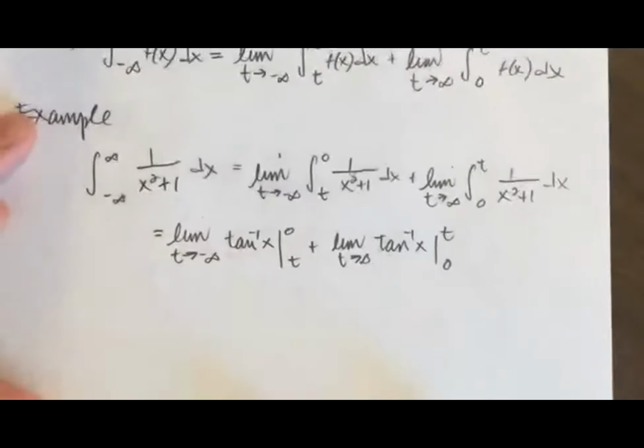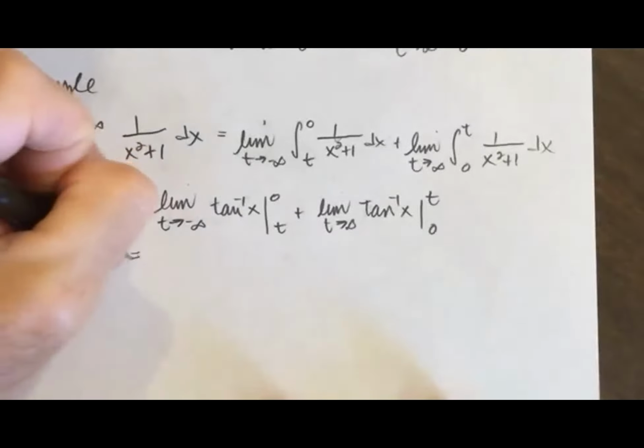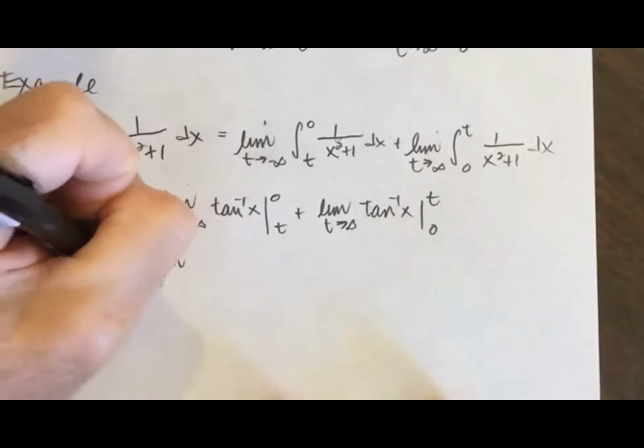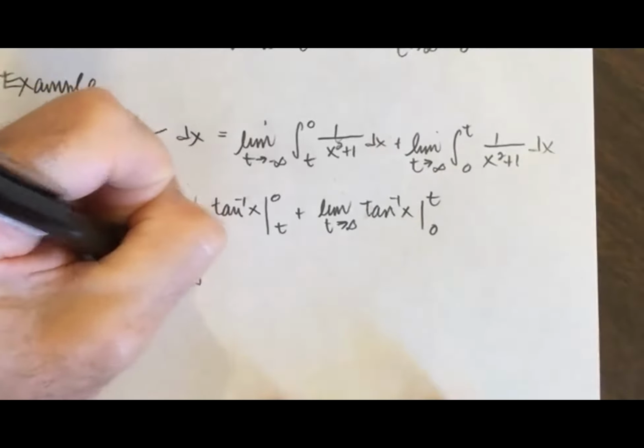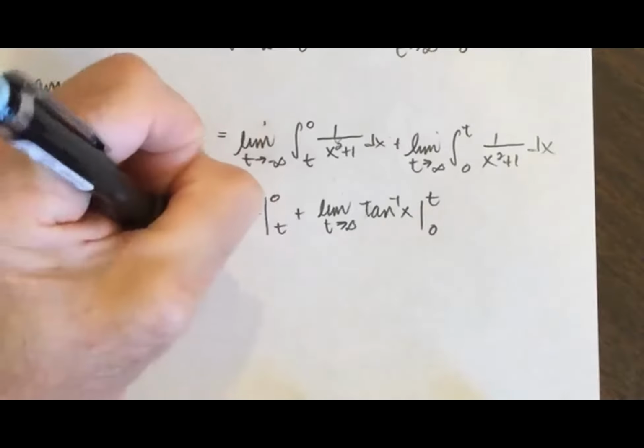Now we got to plug in. So we say the limit as t goes to minus infinity, arctangent of 0, what does that mean? An angle whose tangent is 0. Do you know any of those? 0. Yeah, 0.